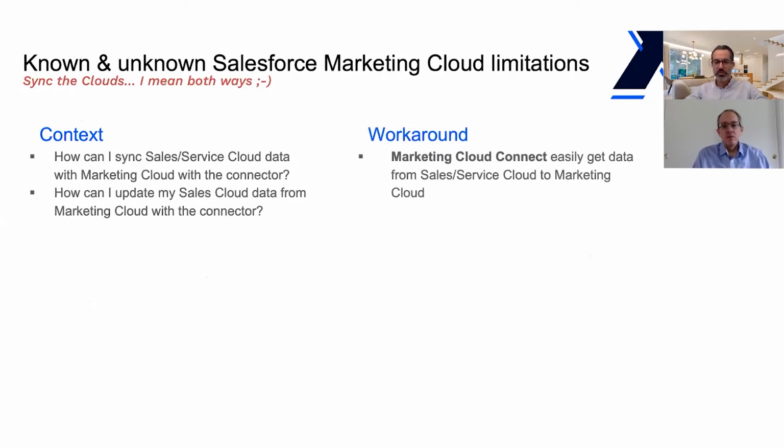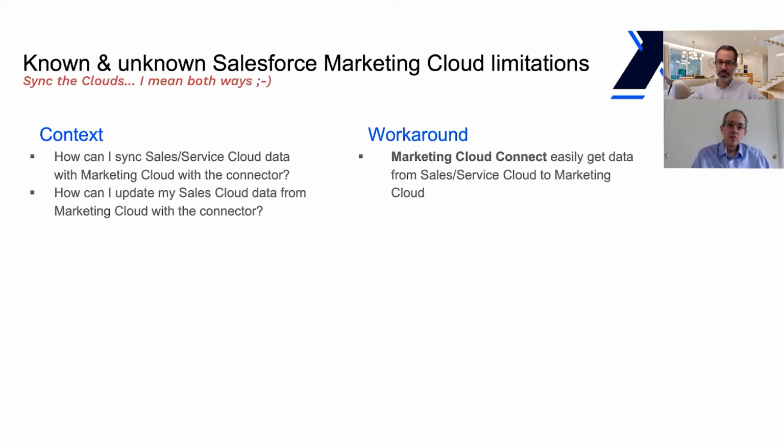So the first thing to synchronize is to use Marketing Cloud Connect. It's super easy to implement, and it will allow you to use your Sales or Service Cloud data in Marketing Cloud. So you can use that data as criteria to build your segmentation and so on. Straightforward.